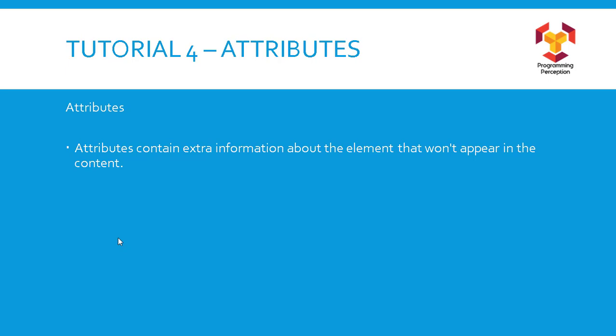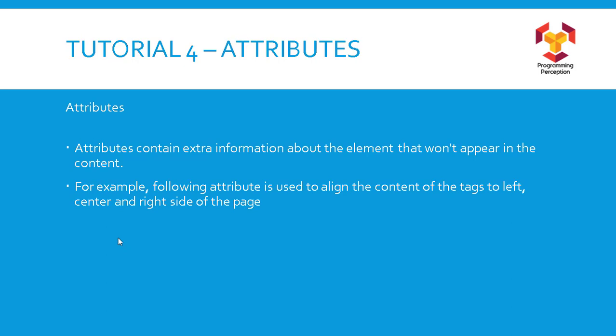But if you want to give some extra information about the content, then we have attributes. For example, the following attribute is used to align the content of the tags to the left, center, and right side of the page. So attributes are provided with the tags and they provide extra information about the content.